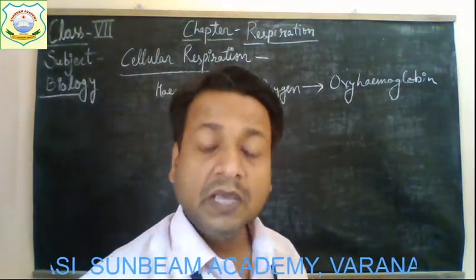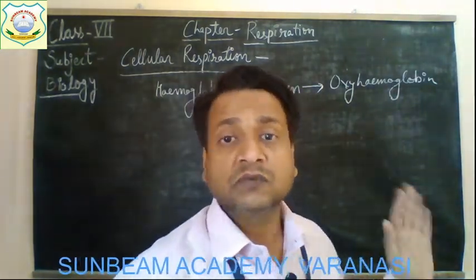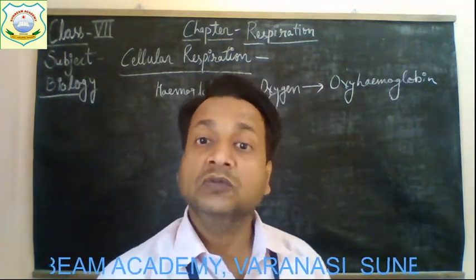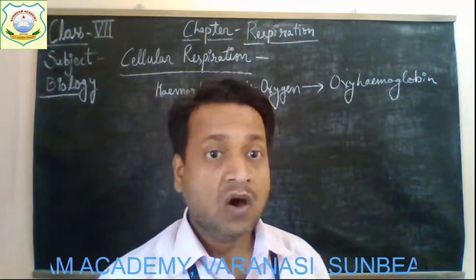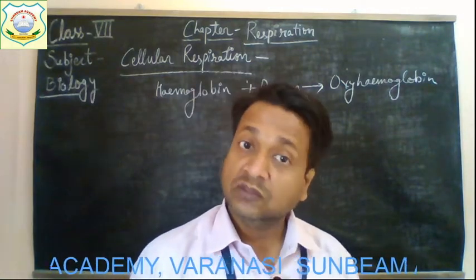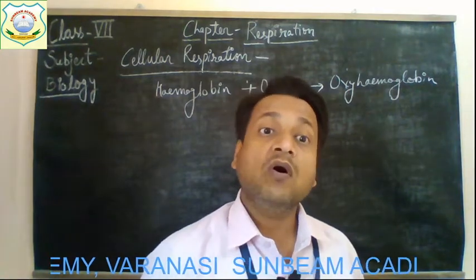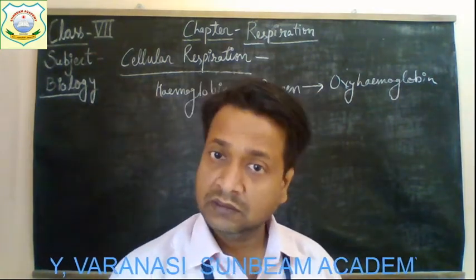It is in this form that oxygen is carried through the blood. Oxygen is not carried through the blood in the form of oxygen; it is carried through oxyhemoglobin. Get it?